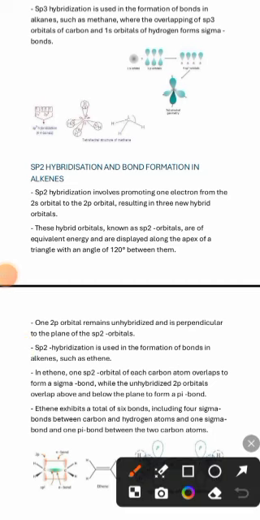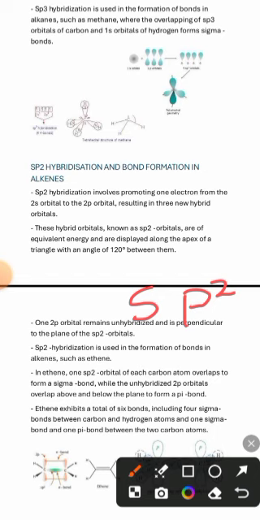Okay, now we'll be looking at the sp2 orbital hybridization. Now this hybridization is simply the mixing of one s orbital and two p orbitals. They mix together to form the sp2 orbitals. These orbitals are known as the sp2 orbitals and are of equivalent energy.